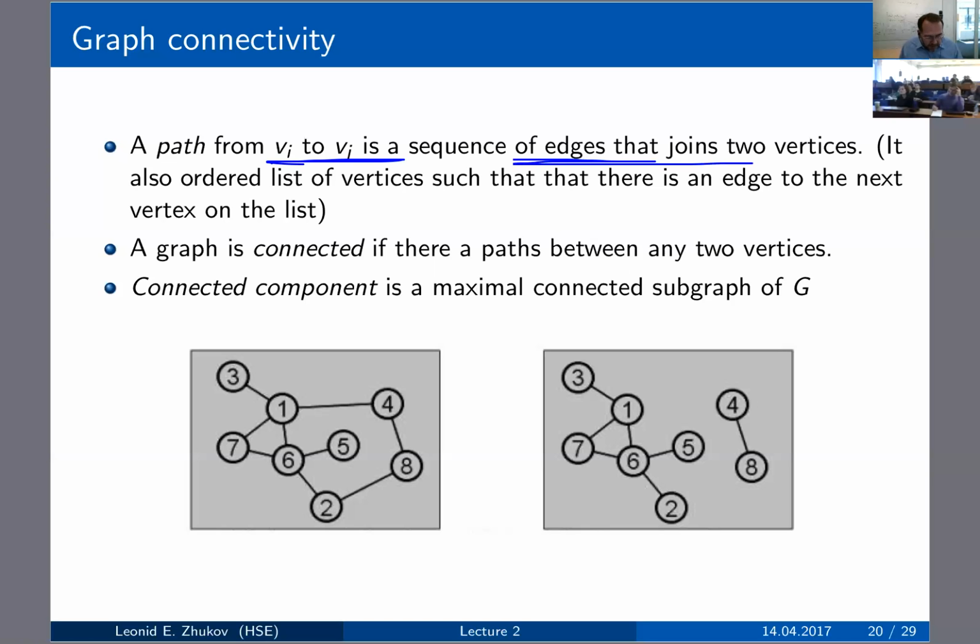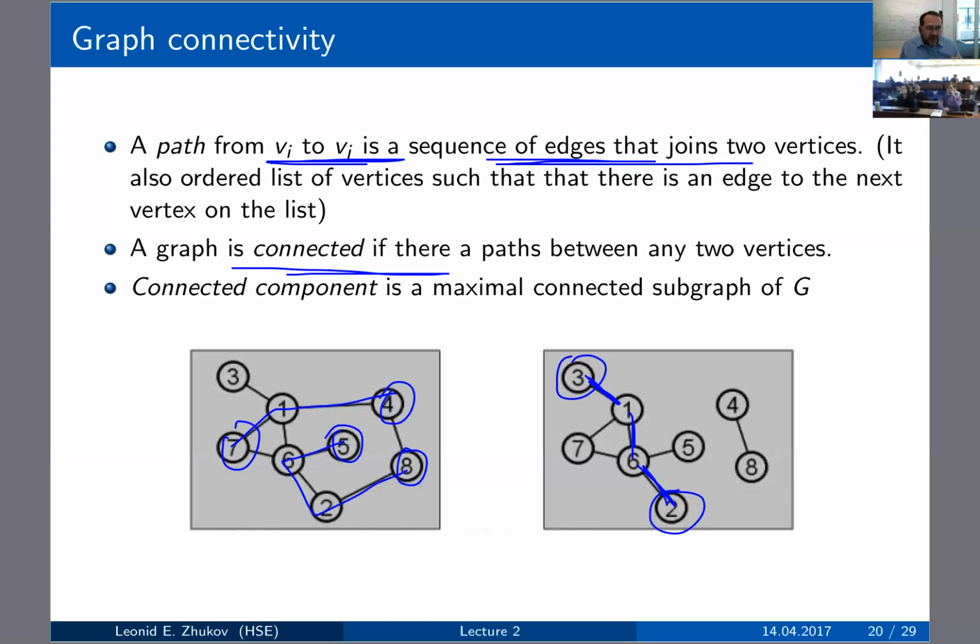So if I take node 3 and node 2, the path is here: edge 3 to 1, edge 1 to 6, edge 6 to 2. Now, a graph is called connected if there is a path between any two vertices. Like right here, I can pick any two vertices, and there is always a path between them. I can take this vertex and this one, and there is a path, etc.